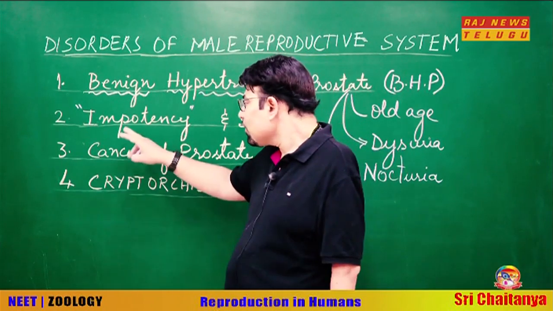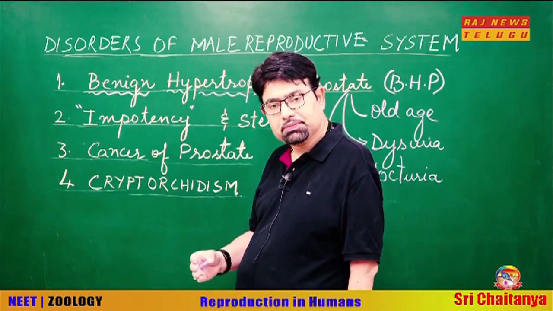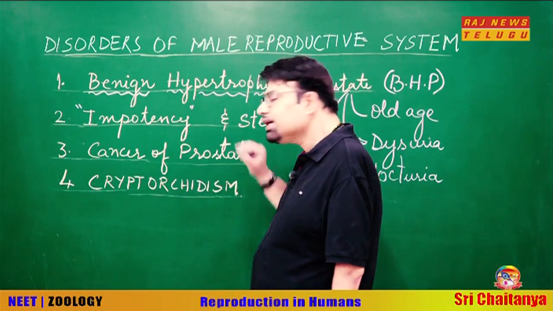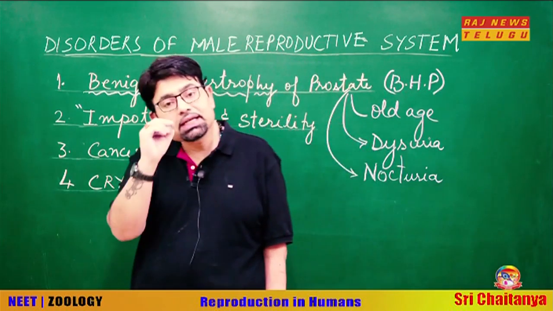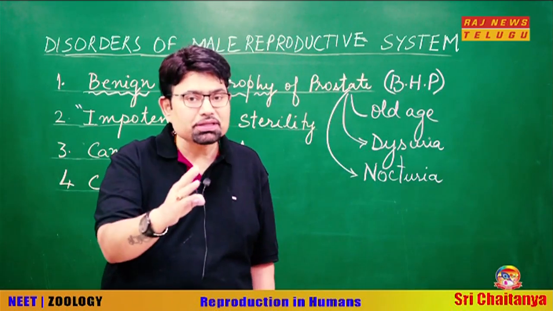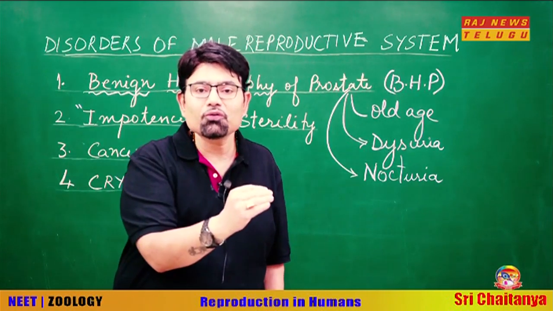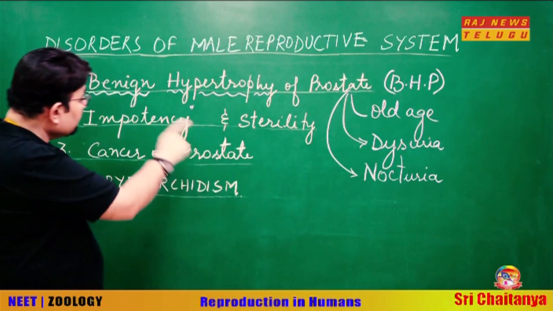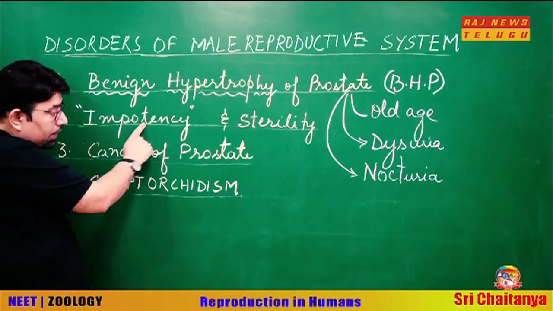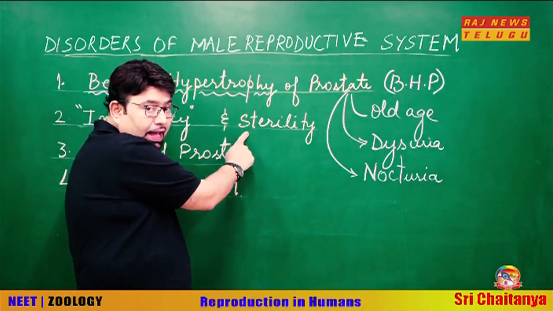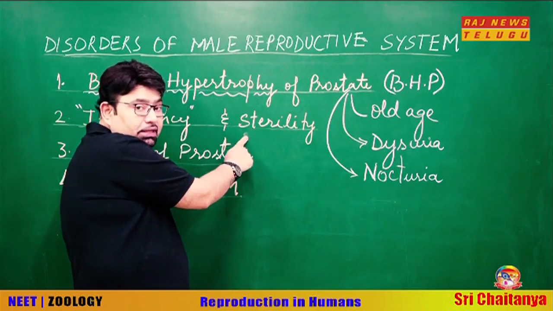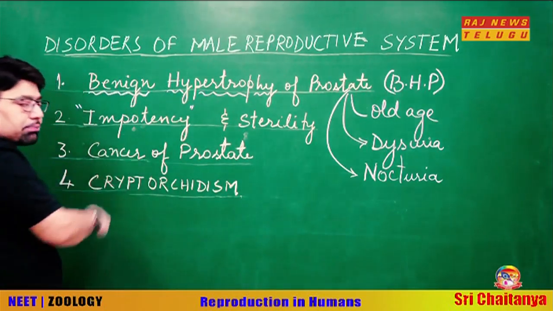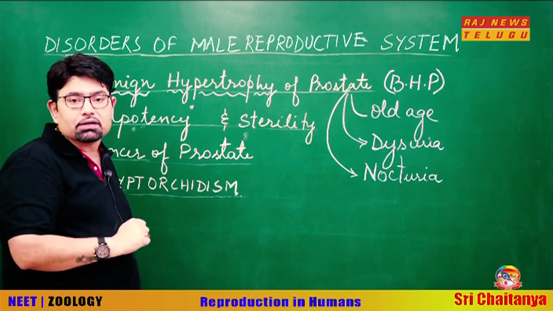That person is called impotent. Whereas sterility is the inability of the sperms to fertilize the ovum. Remember, an impotent person may not be sterile, and a sterile person is not necessarily impotent. These two are different terms.